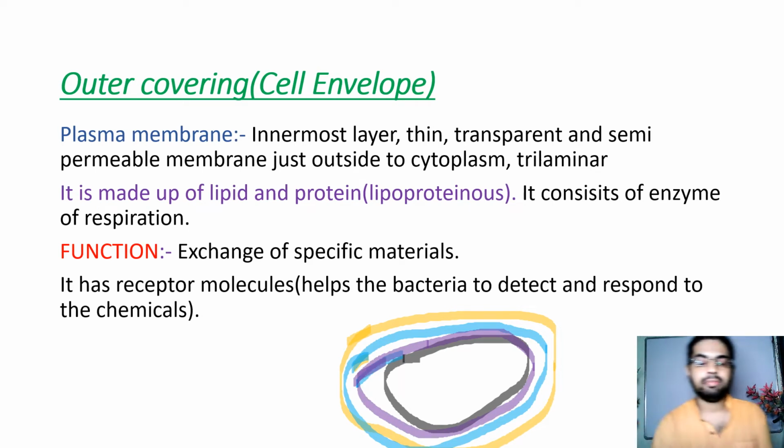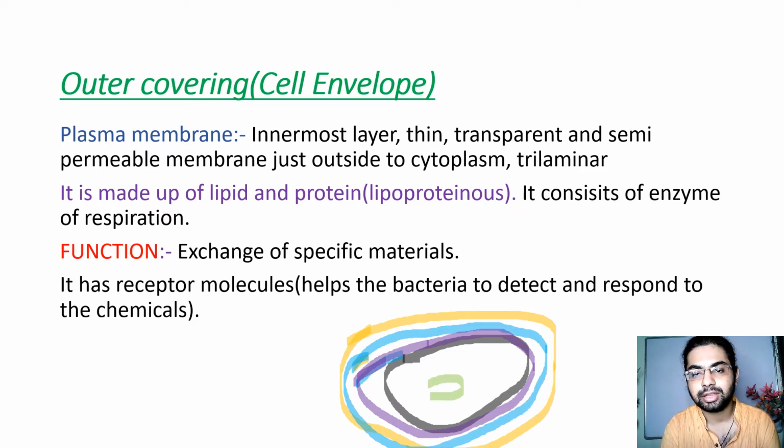This plasma membrane is the innermost layer, and it is thin, transparent and semi-permeable in nature. Semi-permeable means it is selectively permeable to specific substances in and out of the cell. So it is present just outside the cytoplasm.